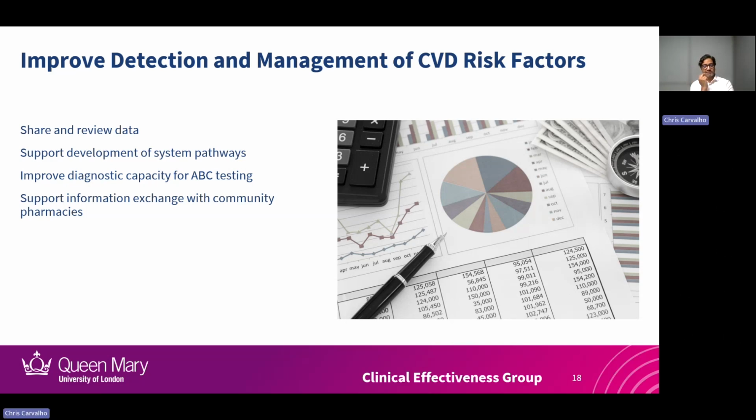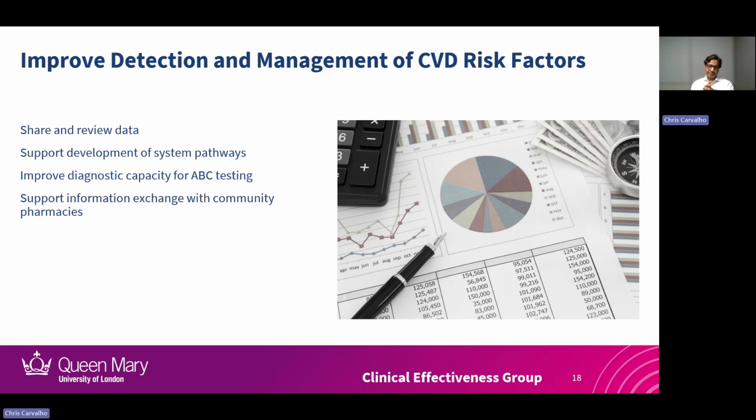That is one of the key aspects of what we have within our data, either in our existing dashboards, and for many of your local contracts, you'll have metrics which are looking at this, but we also have our local data, our practice trend data, to be able to analyze this and to see it in more detail. And that should then go towards the development of your pathways and improve your diagnostic capacity for the ABC testing.